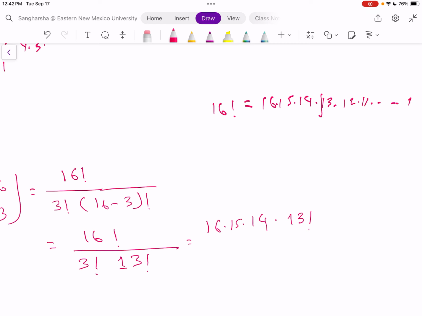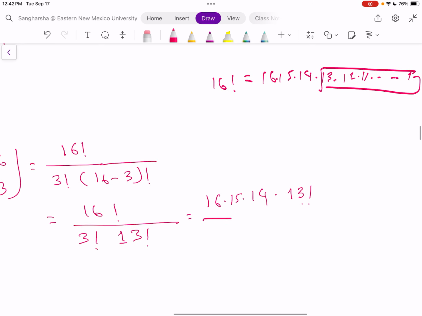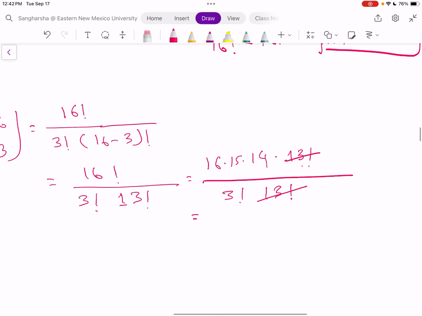So I call this a 13 factorial here, and the reason is that we can cancel that 13 factorial. So this is gone.